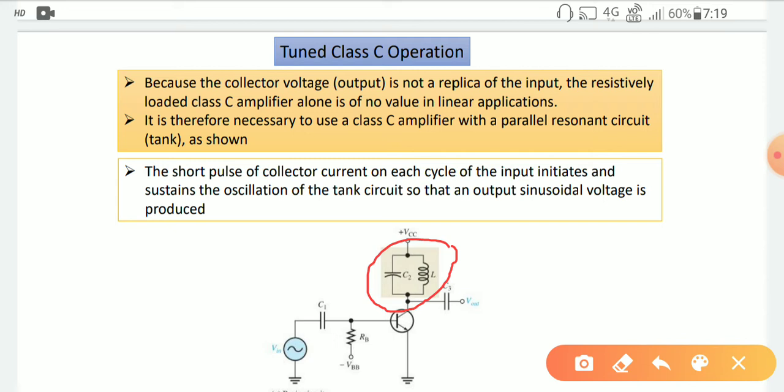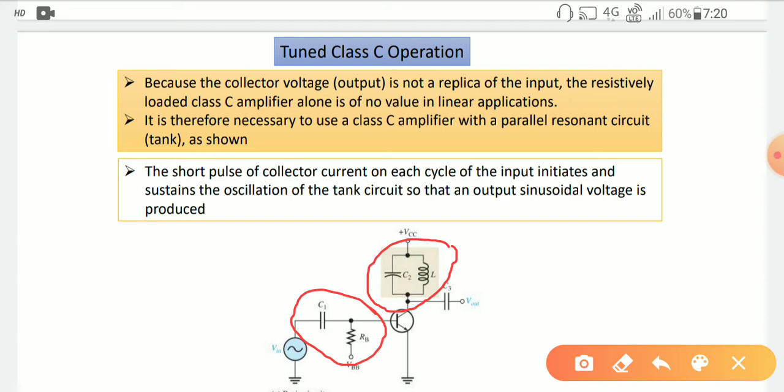And here an extra circuit combination is applied. Not only extra, this is also desired. This is C1 and RB to make the transistor turn on, and the region for which it is on is identified by verifying the values of C1 and RB.